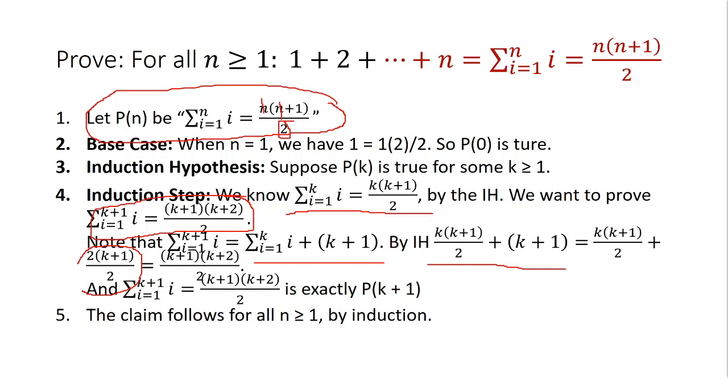That will be k plus 1 multiplied by k plus 2, and this is the same as this. So that means P of k plus 1 is true. So the claim is true for all n greater than or equal to 1 by induction.